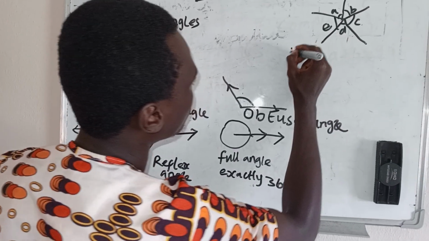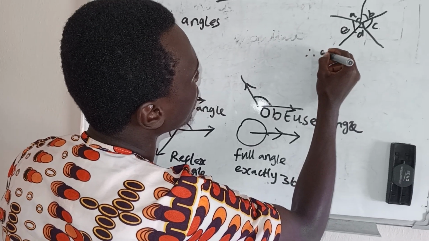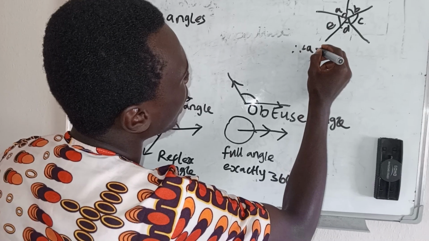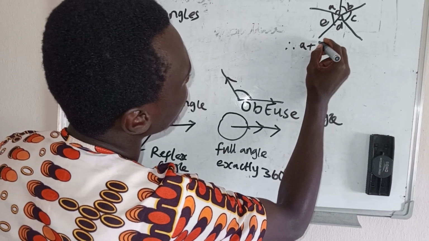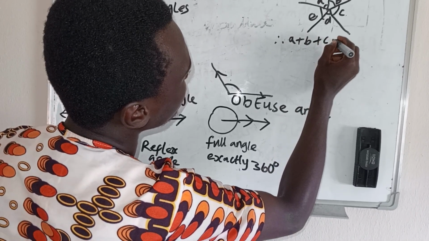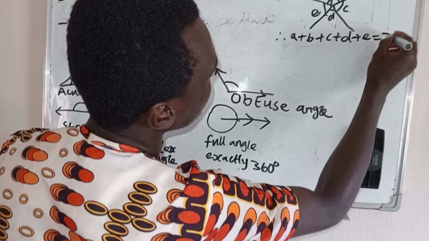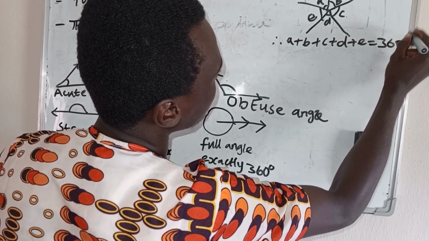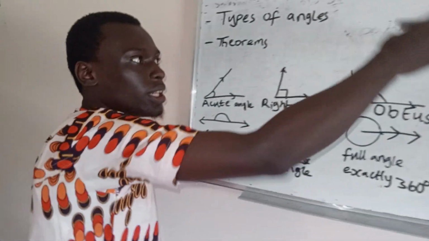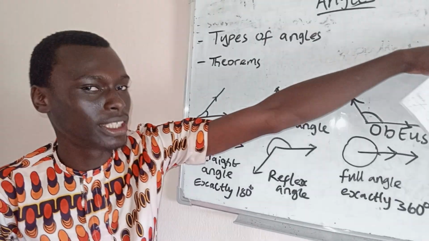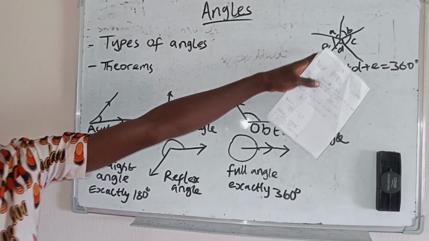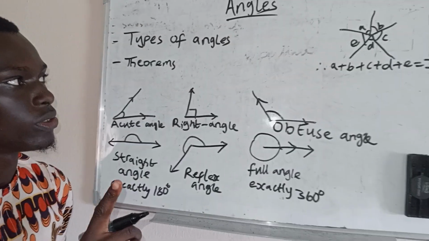So therefore, angle A plus angle B plus angle C plus angle D plus angle E equals 360 degrees. Angles at a point give us 360 degrees. That is the first theorem I would like us to observe.